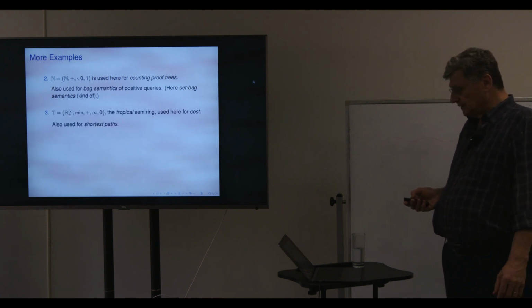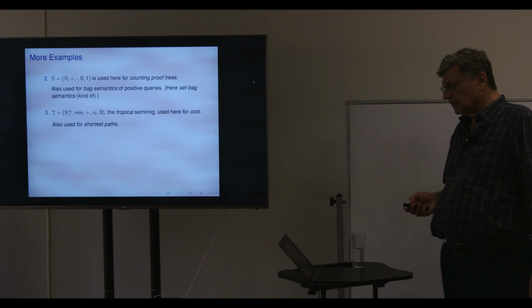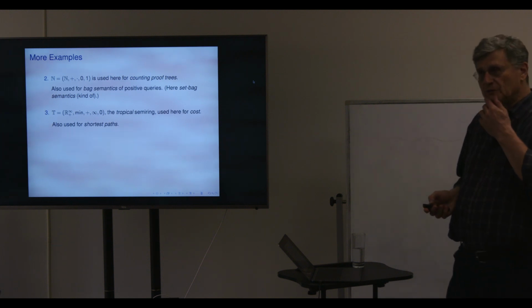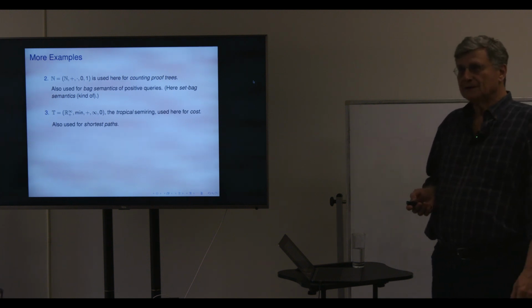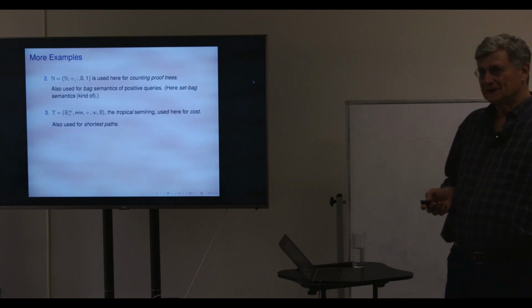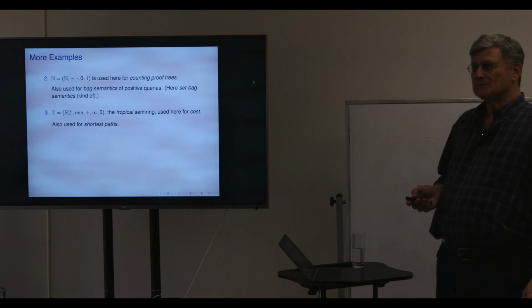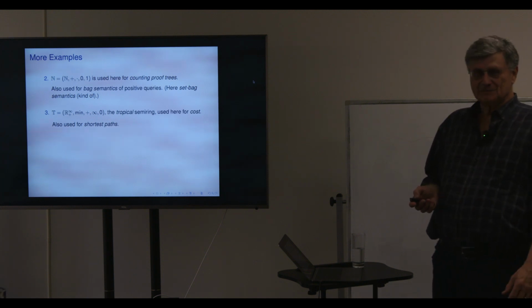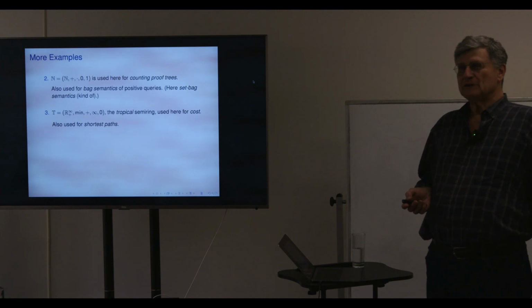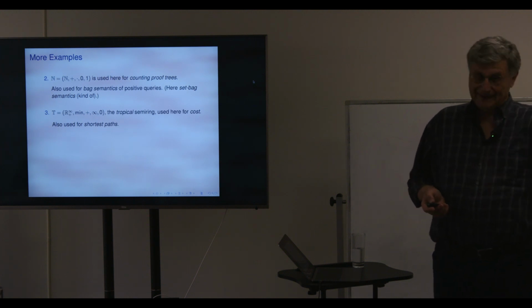Then you have an interesting semiring called the tropical semiring. How many of you have heard this bizarre name? Yes. Do you know why it's called a tropical semiring? Because the work was in early years promoted mostly by Imre Simon in Brazil.